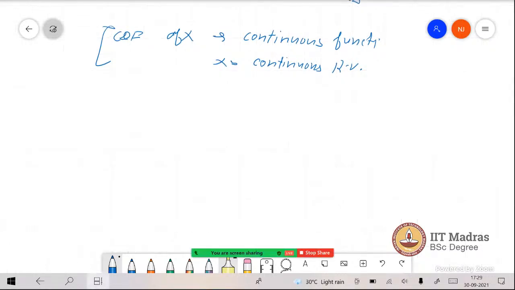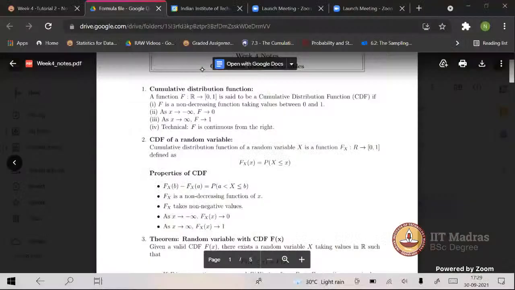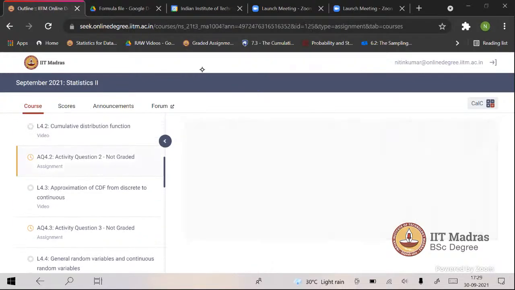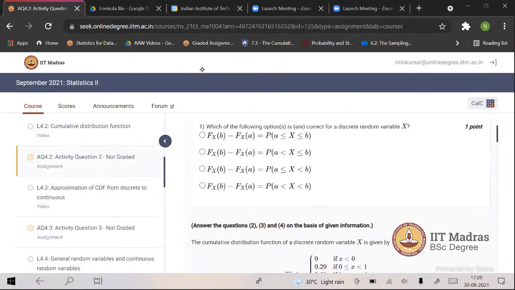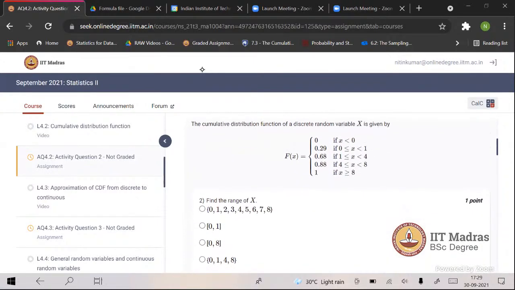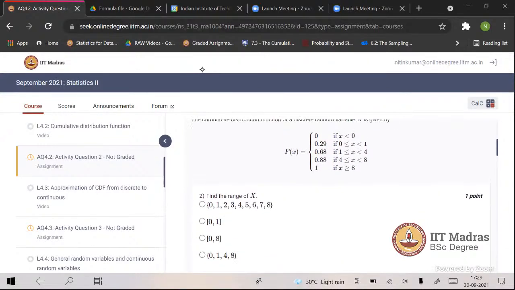Now if you have seen some questions in the assignments, have you gone through them? Look at the second question. Can you see it?